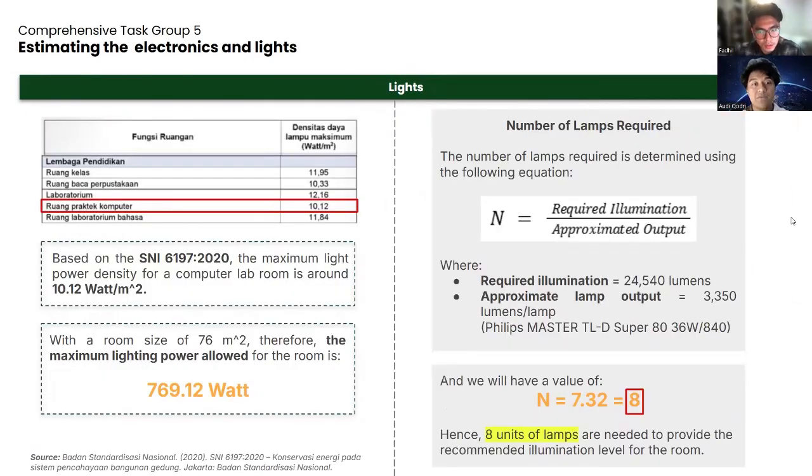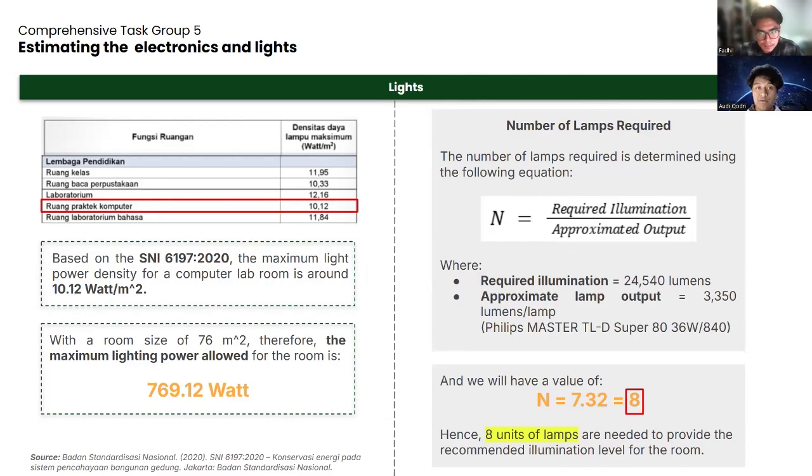All right. Now we continue to the lights. Based on SNI 6197 2020, the maximum light power density for a computer lab room such as ours is around 10.12 watts per meter squared.